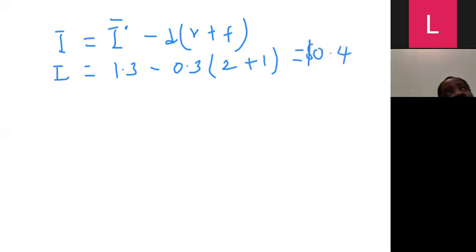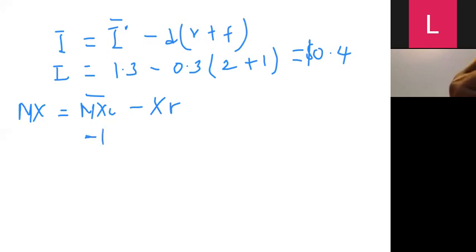Now the next one you're supposed to look for is net exports. Net exports equals the autonomous part of net exports minus X multiplied by R. In the question, the autonomous part of net exports is given as -1, and then minus X, which is 0.1, into brackets R, which is 2.